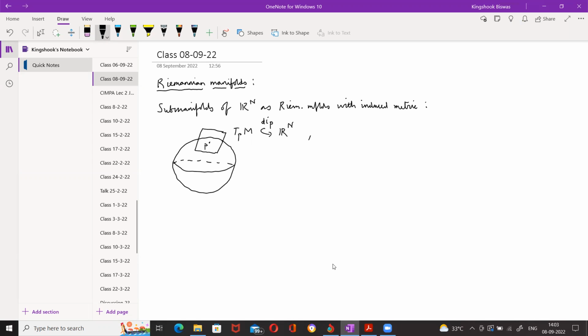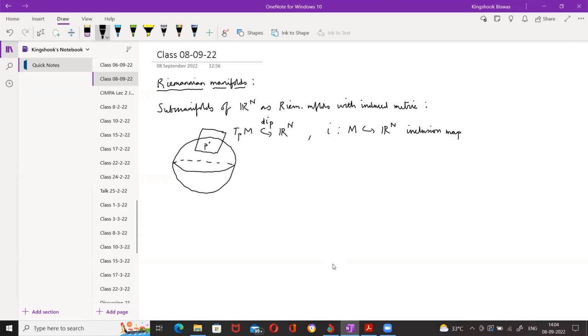Okay, so here I is the inclusion map from the submanifold into Rn. So this is a smooth map, and its derivative gives an injective linear map from the tangent space to Rn. So this is TPM is identified with the subspace of Rn.